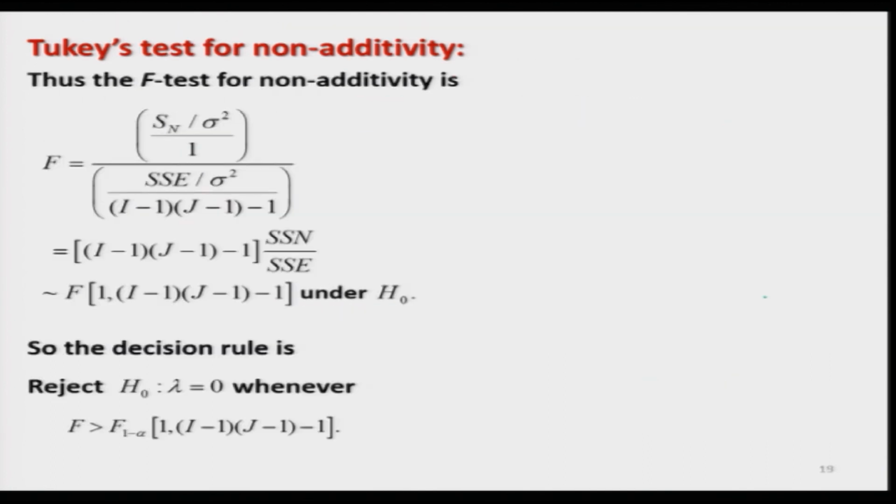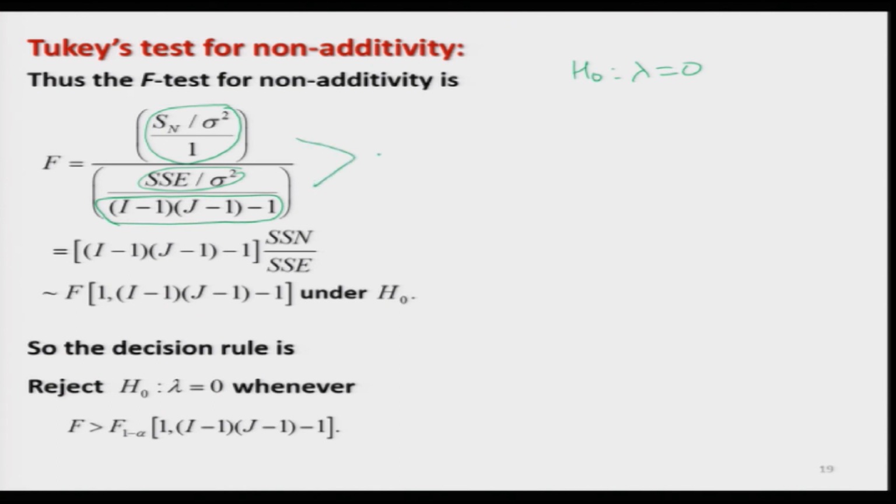Now you can write down the statistic for testing the null hypothesis H naught: lambda equal to 0, like this. You have the quantity Sn upon sigma square, which has a chi-square distribution with 1 degree of freedom, so we write Sn divided by sigma square divided by 1 as the numerator of the statistic. Then we use the distribution of the sum of squares due to error: SSE upon sigma square divided by the corresponding degrees of freedom, (I minus 1)(J minus 1) minus 1.